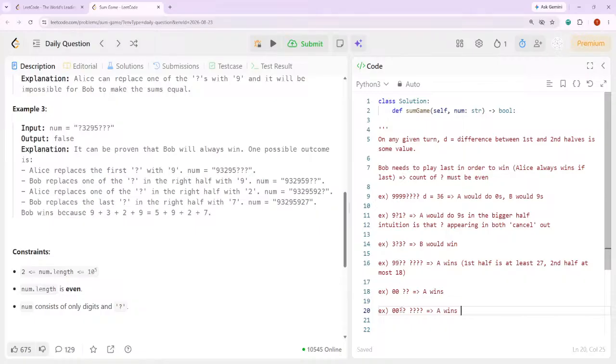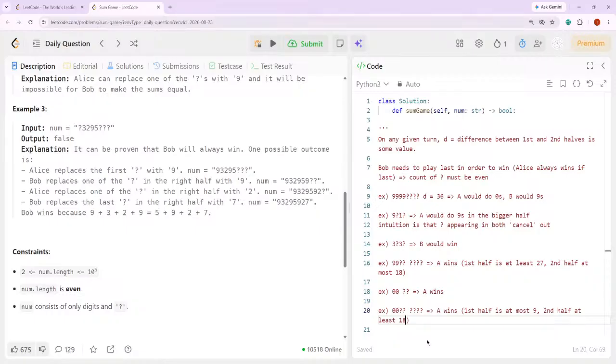Alice makes the first half really small, because the first half can be at most 9. If Alice makes one of the question marks 0, Bob can make it 9, the second question mark. And then Alice has the second half is going to be at least 18.